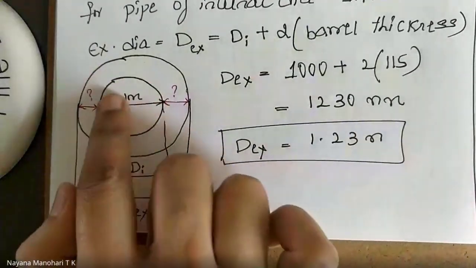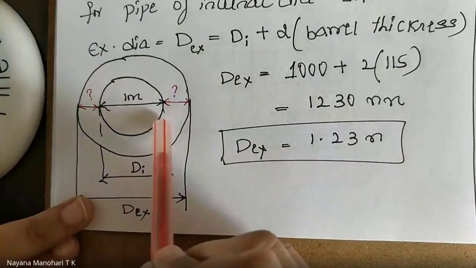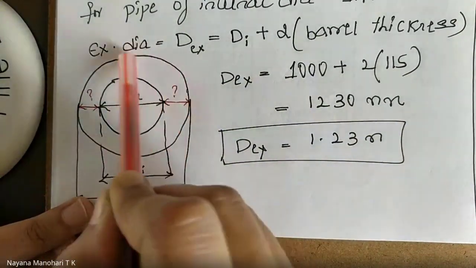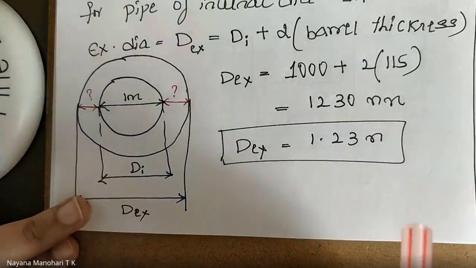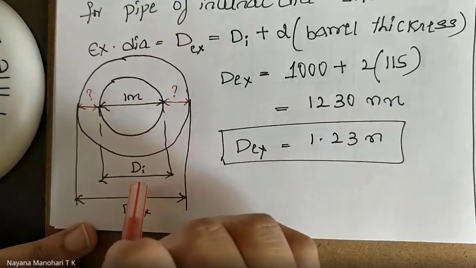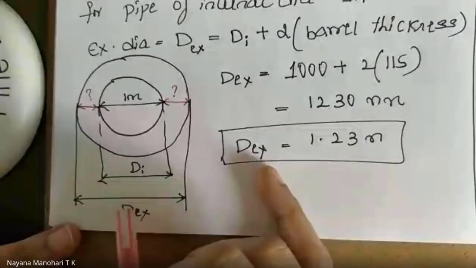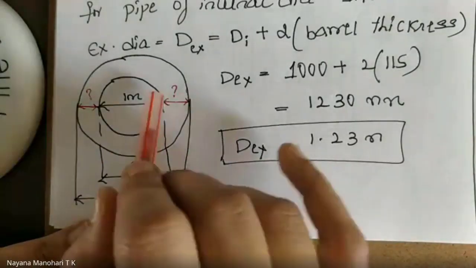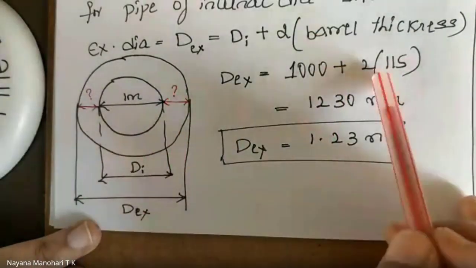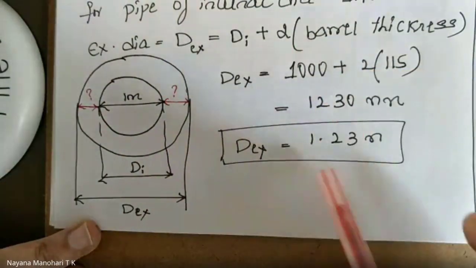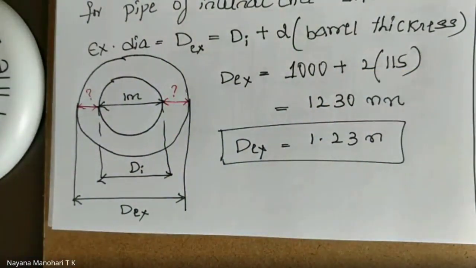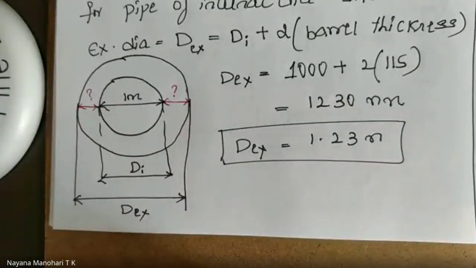Observe the cross section. This is your internal diameter of the pipe, Di, and this is Dx, the external diameter of the pipe. The barrel thickness for 1 meter is 115. You will get 1.23 meter.